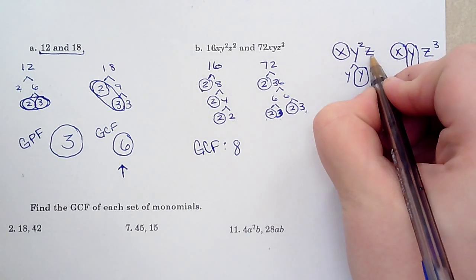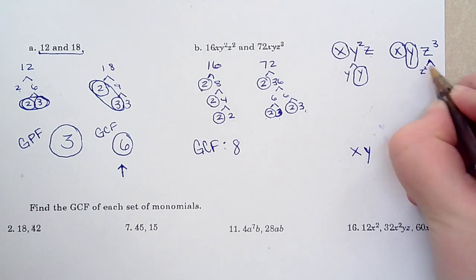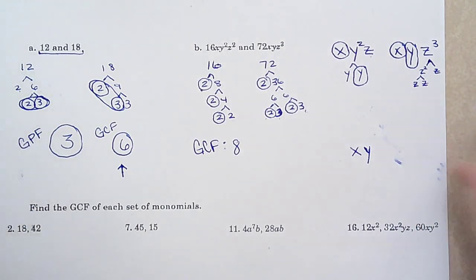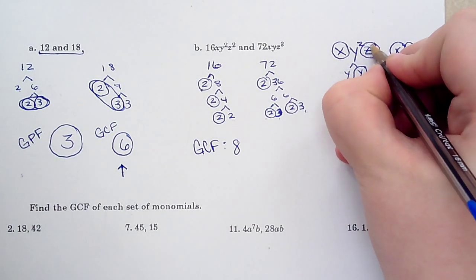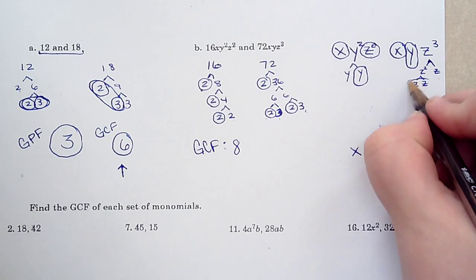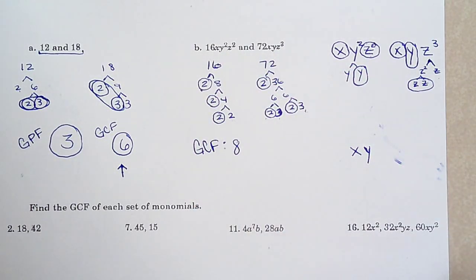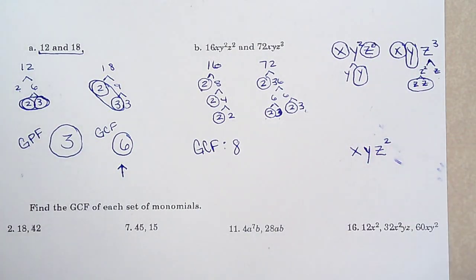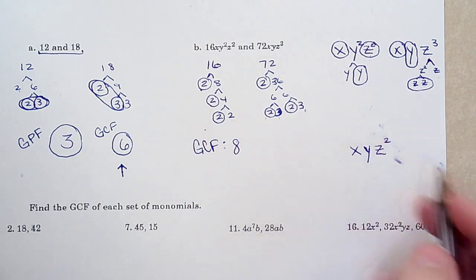And as far as z's, this one only has 1, while this one has 3. But I can only take as many from this one as I have in my first one. So I actually have 2 in that one, so that means I get to take 2 from this one as well. I didn't copy this over correctly, sorry about that. So I get 2 z's, or z squared there, for that term. So now I've broken it up by the numbers and by the variables.